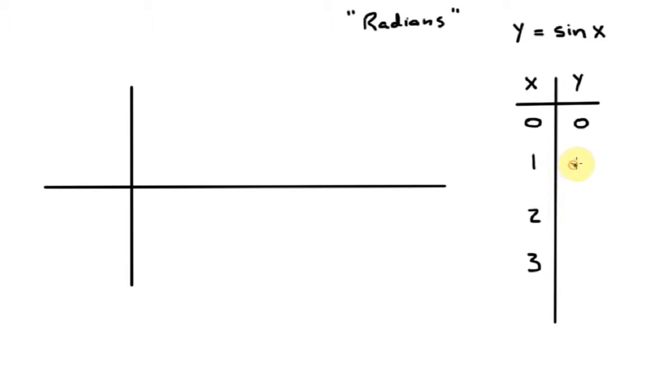Well, I did this ahead of time. I got 0.84 for the sine of 1, and the sine of 2 I got 0.91. The sine of 3 is 0.14. All this is just plugging into the calculator, getting a table of values, and then I can draw my graph. Let me show you roughly what this graph would look like. You'll notice that none of these y values is ever greater than 1.